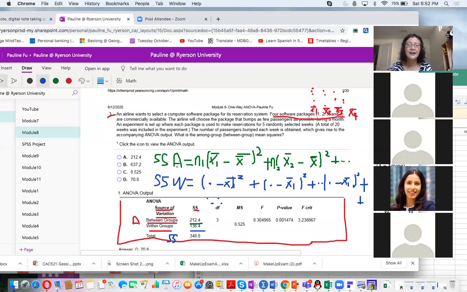It is just SSA plus SSW. Okay. So any questions about SSA, SSW, and SST?